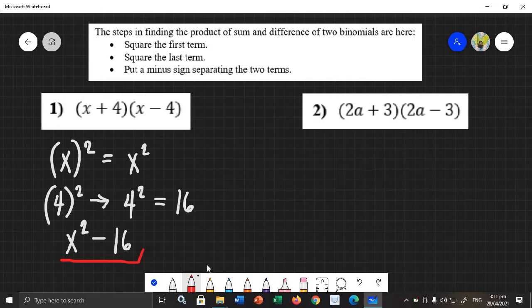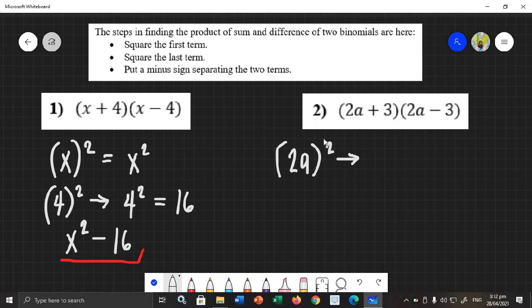For example number 2, we have quantity 2a plus 3 times quantity 2a minus 3. These are the sum and difference of two binomials. Applying the steps, we need to square the first term. The first term is 2a, and we need to square it.